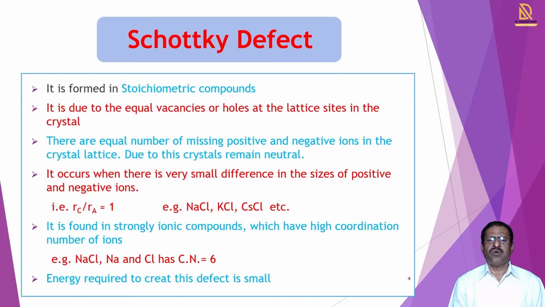Such Schottky defects are found strongly in ionic compounds which have a high coordination number. The example is NaCl. In this, the energy required to create this type of defect is very small, and so by absorbing a small energy, such defects are observed.